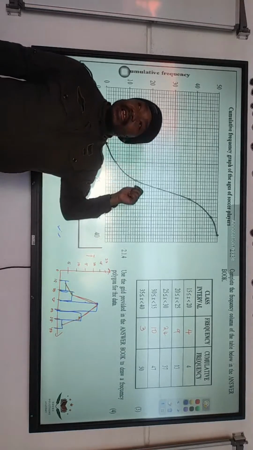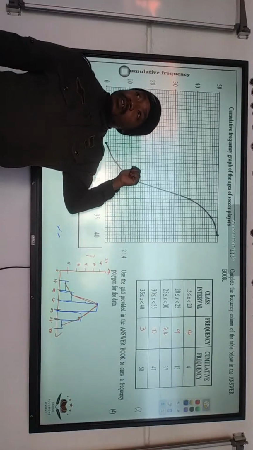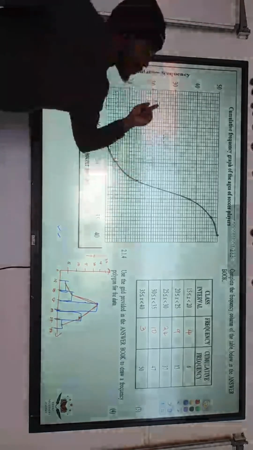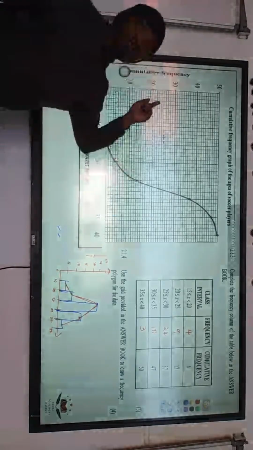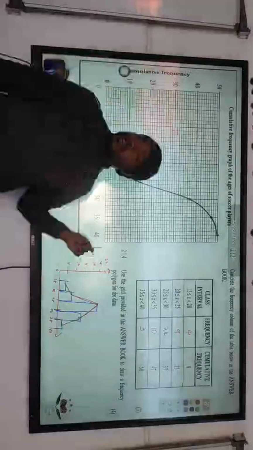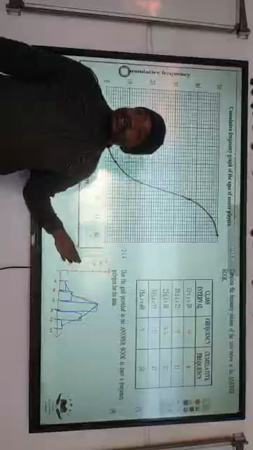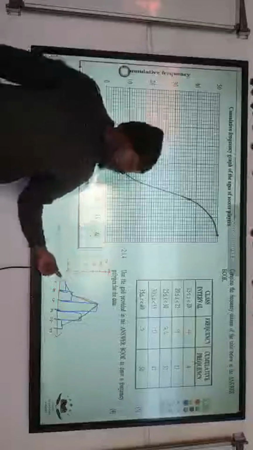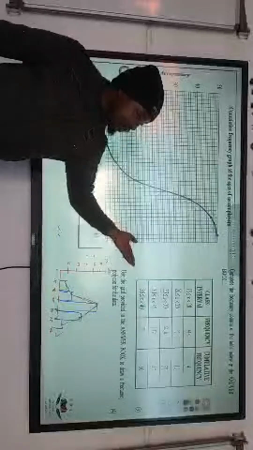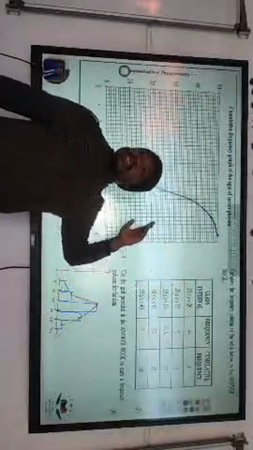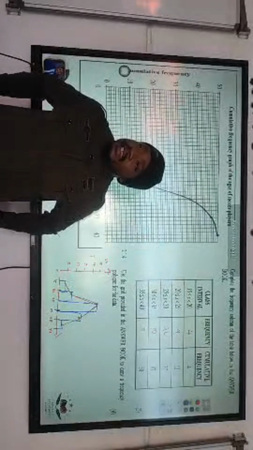But if we are drawing the ogive graph or the cumulative frequency graph, we put the cumulative frequency aside. So here we use the frequency. And then the intervals remain the same. And I like the fact that they put it as x, so it goes to the x-axis.